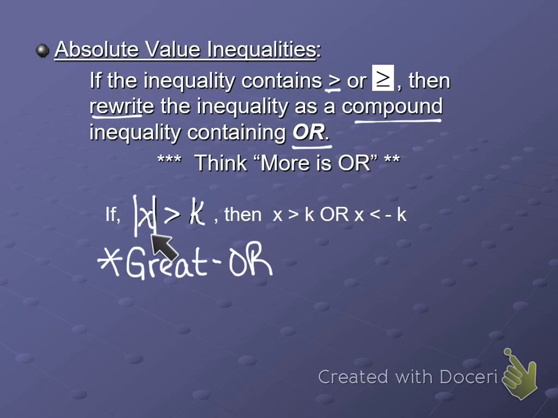If the absolute value of x is greater than k, then we split it into two problems: x is greater than k, or x is less than negative k. Notice we switched the sign on k, but what else did we do to the inequality symbol? We flipped it around. We'll see that in action in just a moment.